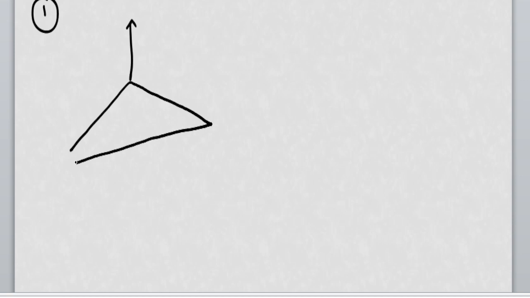So we have an arrowhead like that, then we have something like that, then we have something like that, then this one is going that side, then we have something like that.